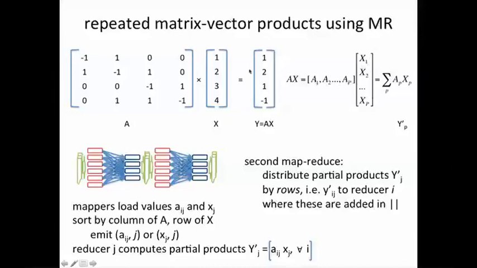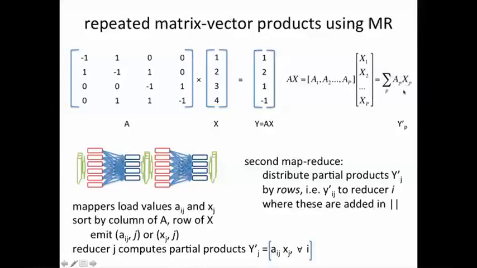Similarly, X1 could be an individual element of X, or it could be a bunch of elements of X, or rows of X. If you write this matrix vector product AX as A1, A2 up to AP, where P is the number of processors that we have, and X1 up to XP, you'd have to use appropriate bunches of columns of A and rows of X. Then it becomes A1 X1 plus A2 X2, etc. So essentially it's the sum of these partial products.